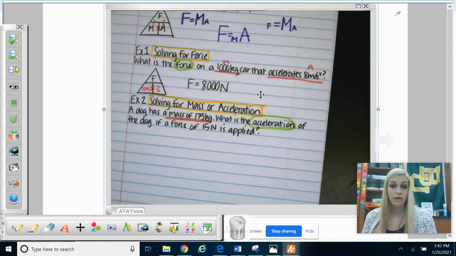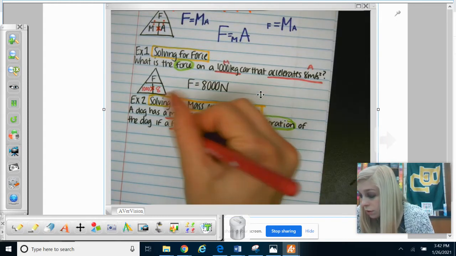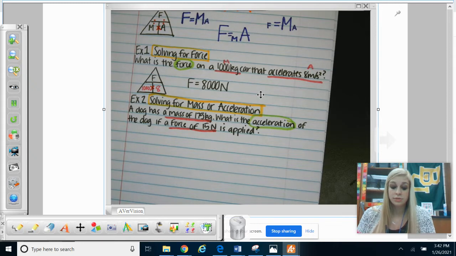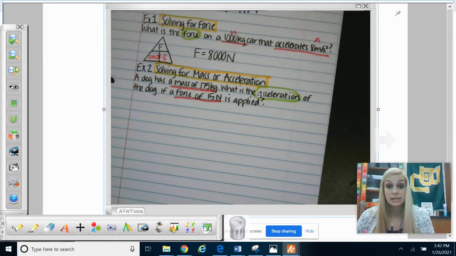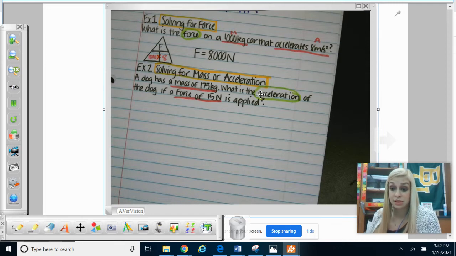Mass of 175 kilograms, force of 15 newtons. So this one is really nice because it told you this is your mass, this is your force. It might not always say mass of. It might say the 175 kilogram dog. You have to know that that's mass. It might say 15 newtons is applied. You have to know that is force.